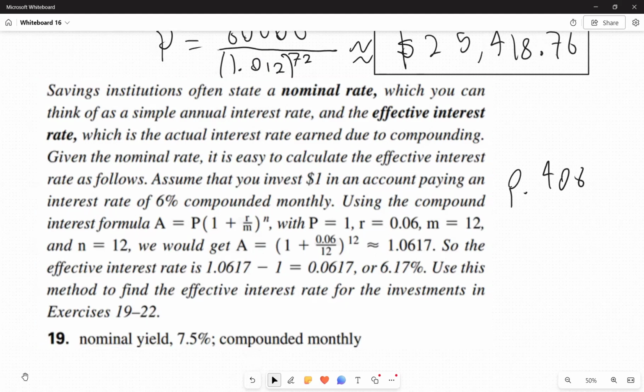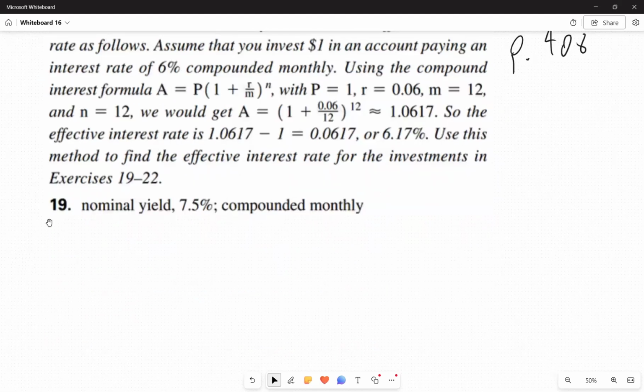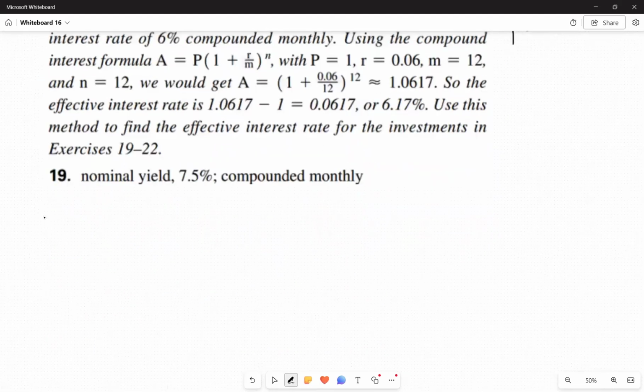So the nominal yield is 7.5% compounded monthly, and the effective interest rate is going to be all the interest earned during that year. That is after, in this particular case, 12 compounding periods. So the principal is $1. The interest rate is 7.5%, as a decimal 0.075.